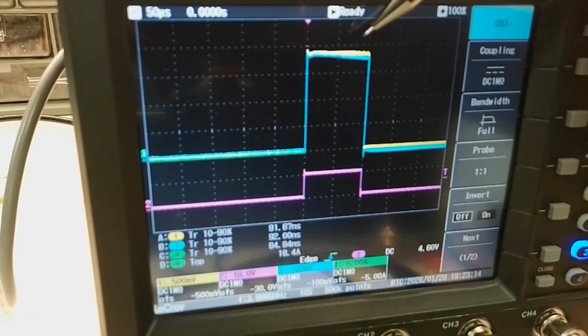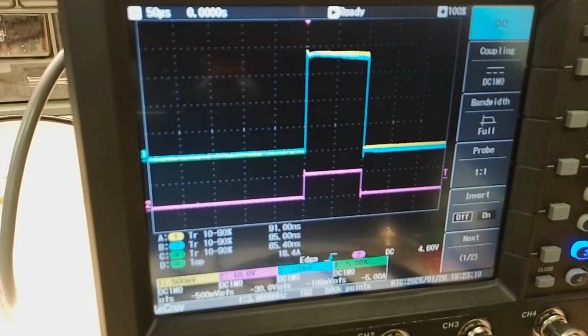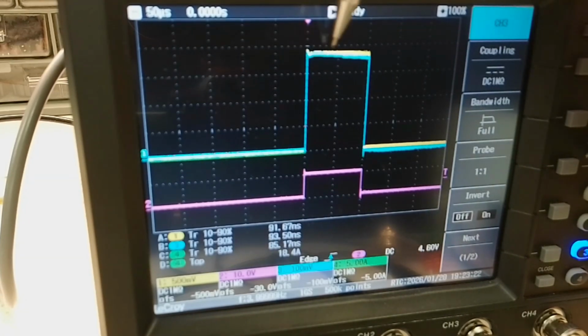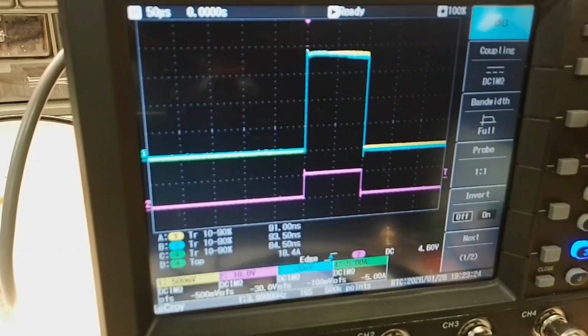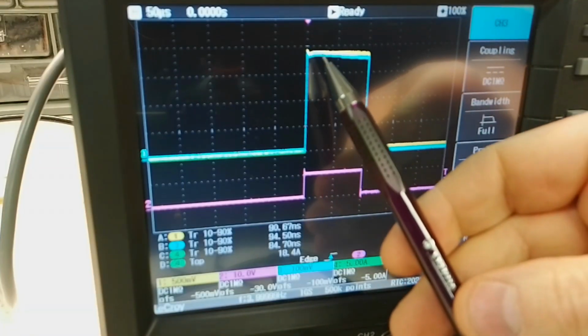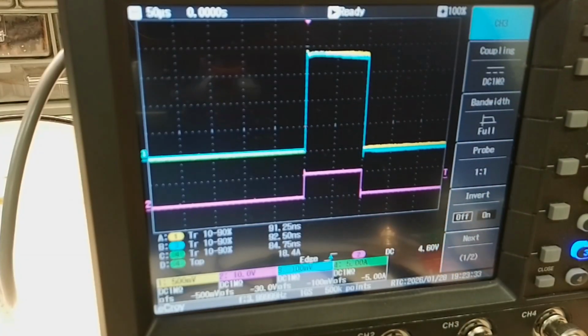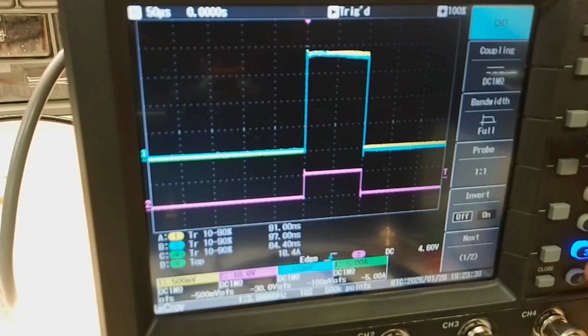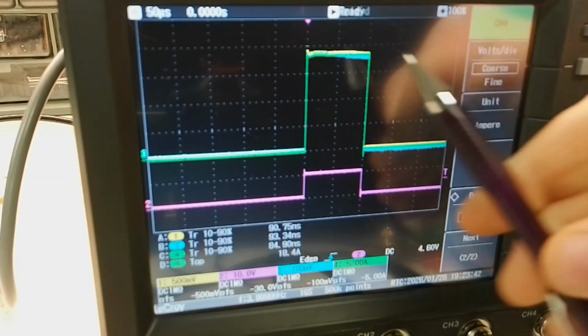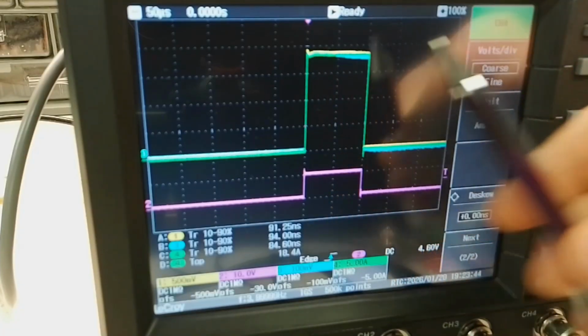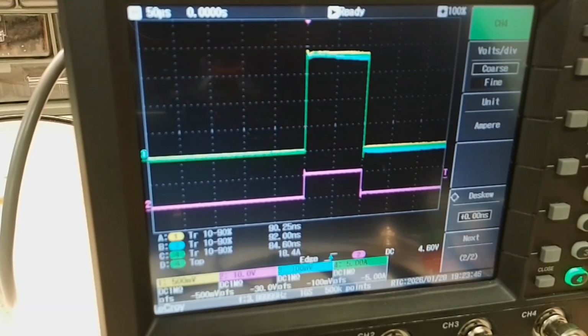We can see over here that yellow line, which is the Shunt, it's quite flat, and blue line, it decays. It has droop. And green line has also droop, but not so much as Rogowski coil.